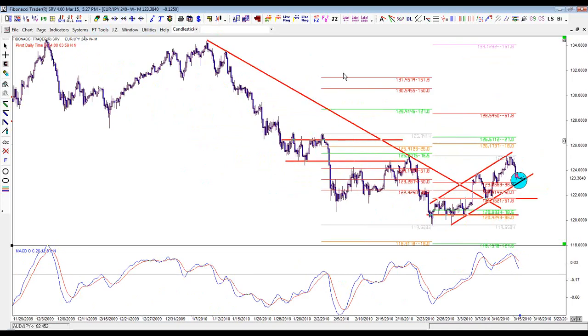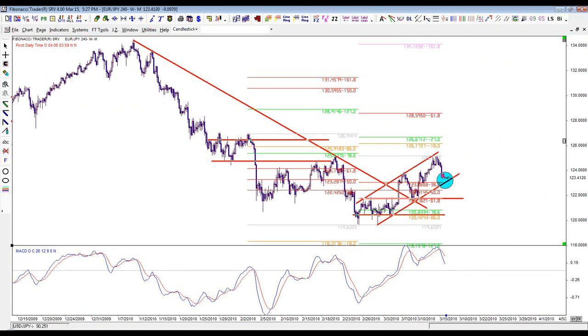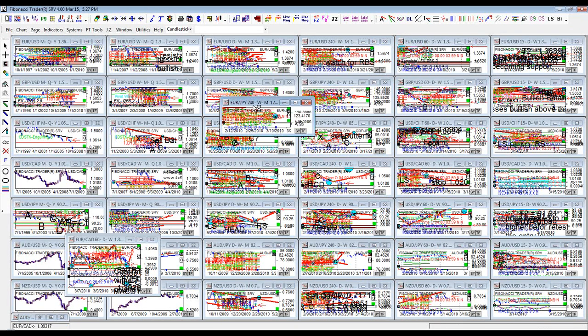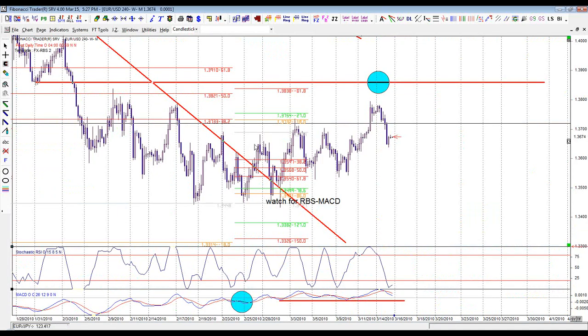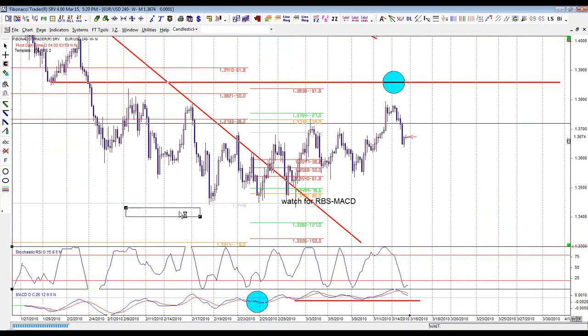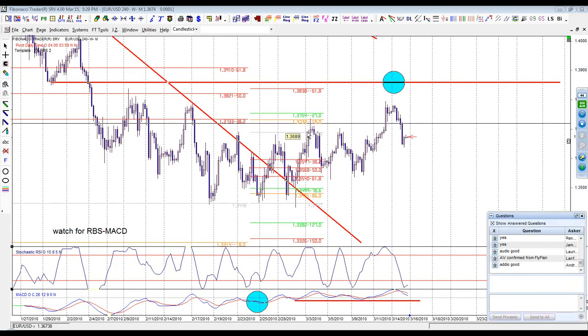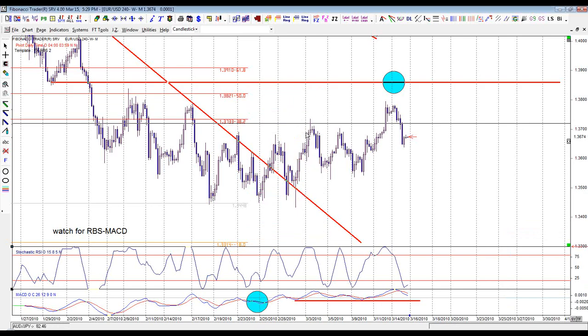Zooming out. This was euro yen. Now we're breaking the trend line. This is the same chart, and my charts are still loading.